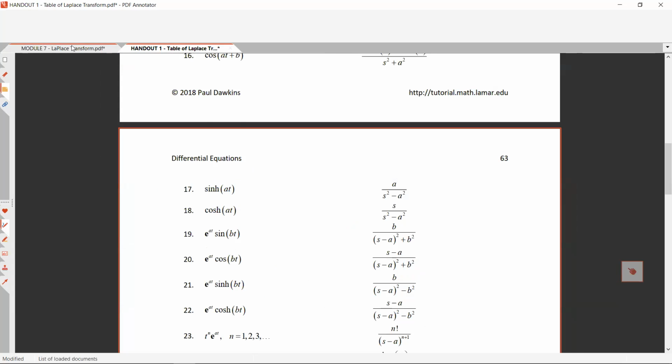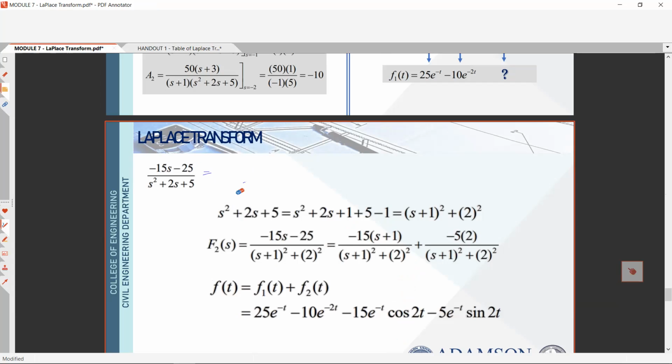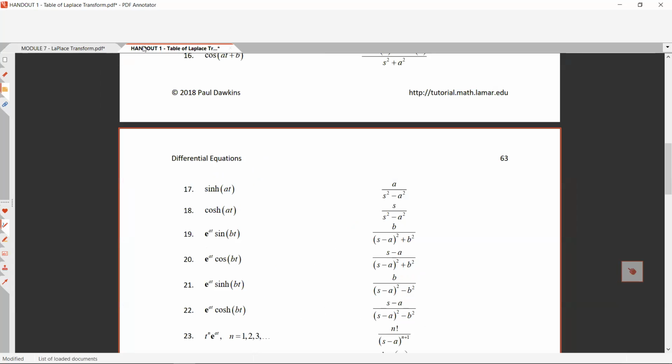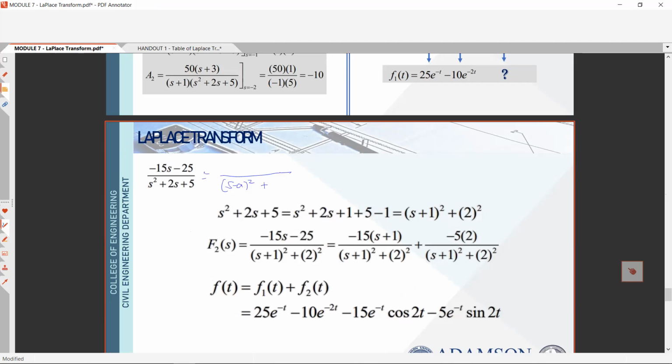Okay, s minus a, sorry. Convert it into (s minus a) squared plus b squared. Then s minus a.